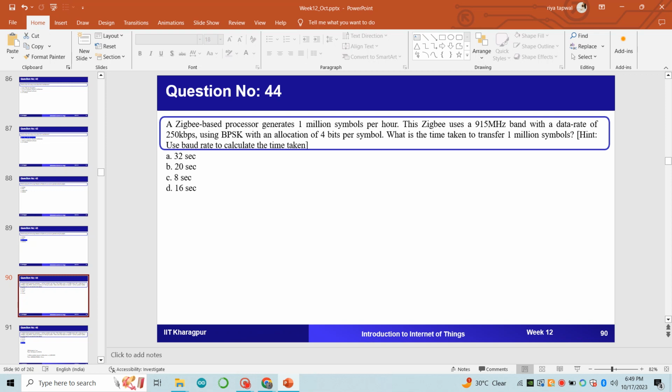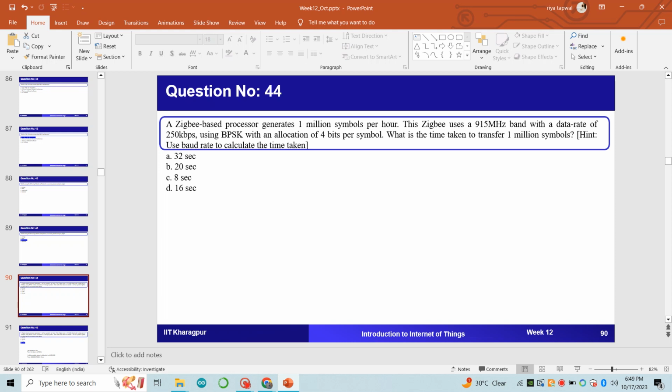Now it is given that the data rate is 250 kbps. So data rate is basically the rate at which you are sending the data. It means that you are sending 250 kilobits of data in 1 second. Sorry, it's small b, so it is bits.